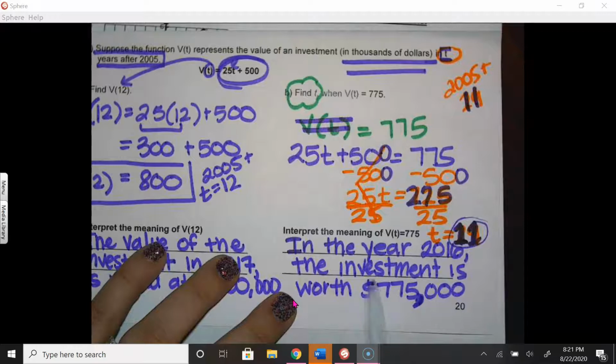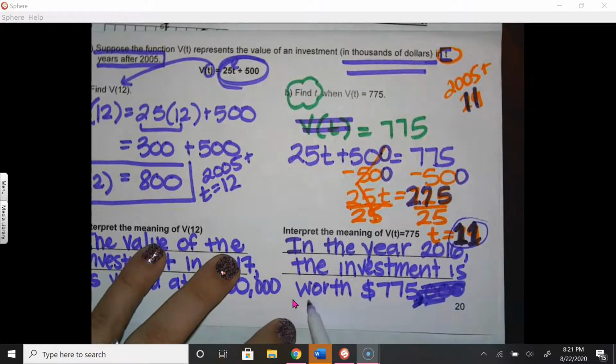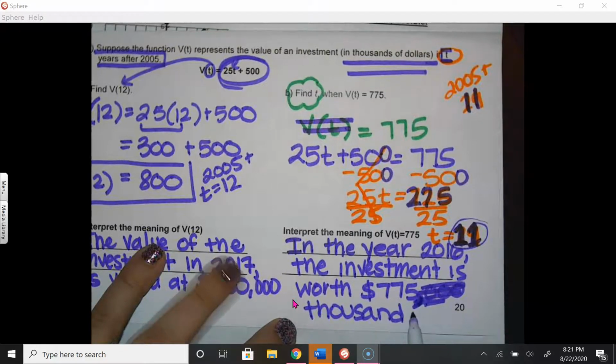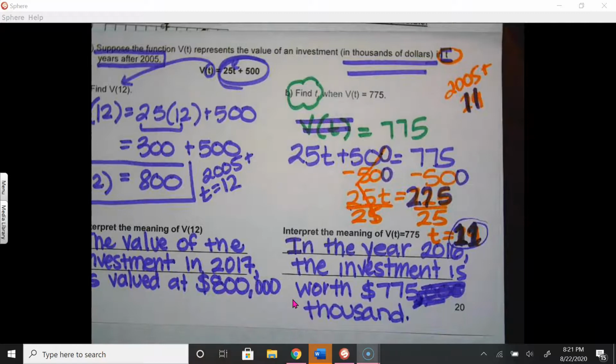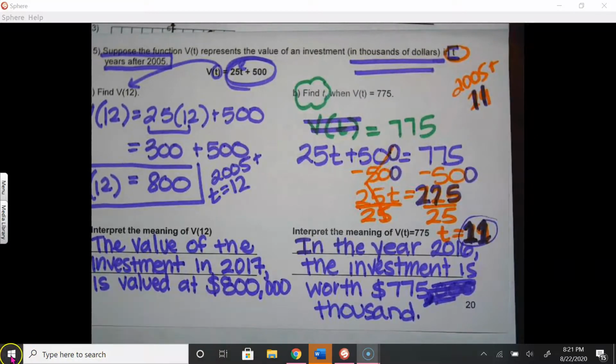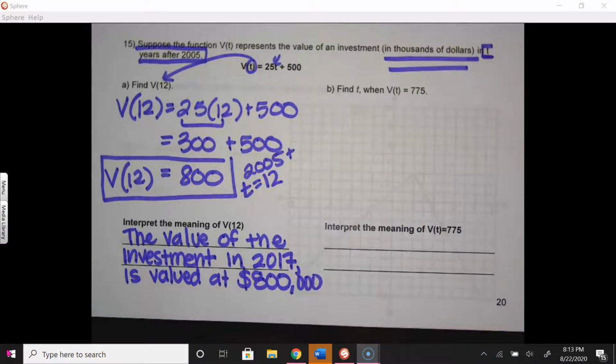Don't forget, you need the dollar sign. If you don't want to put these zeros there, then you have to write 1,000. Investment is worth $800,000 in the year 2017.